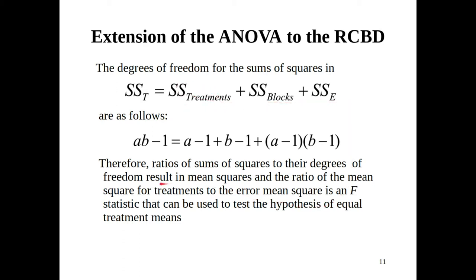So that's what this statement says here. Therefore, the ratio of sum of squares to their degrees of freedom result in the mean squares, and the ratio of the mean square for treatments to the mean square error is basically our F statistic, F distribution, right? That we can use to test the hypothesis of equal treatment means.